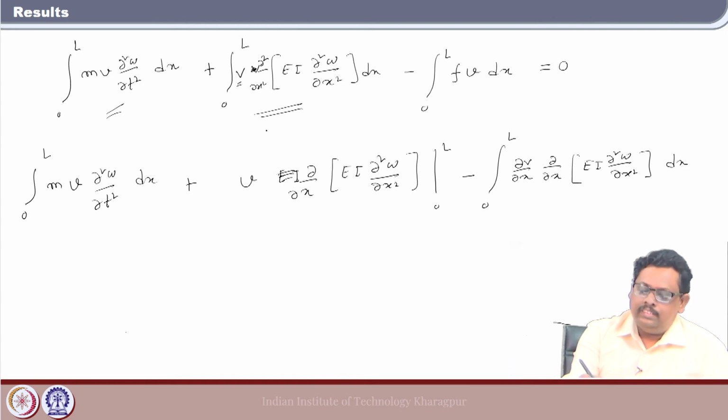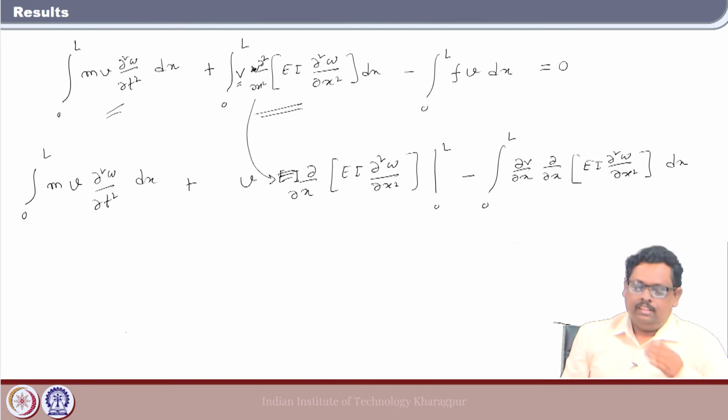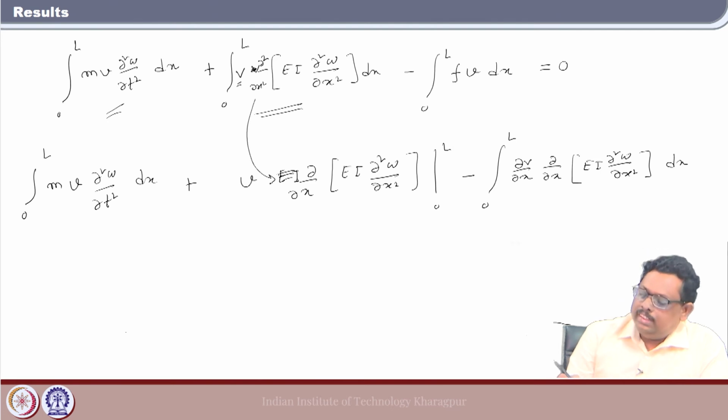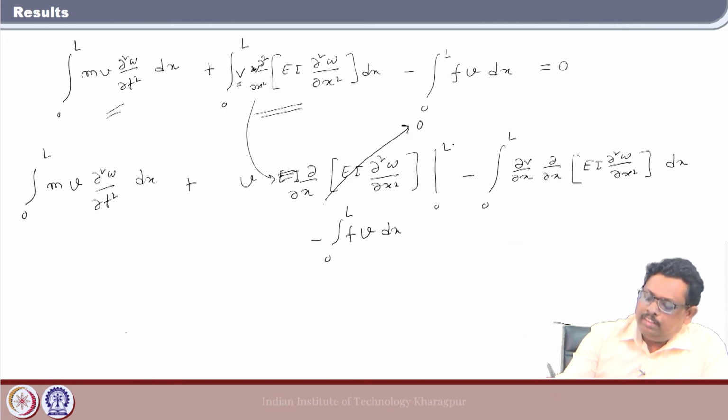Now, why is it so? Because you see it is integration. So, it is ∂²/∂x². That is why it becomes ∂/∂x, right, because of the integration, and then minus, it is 0 to L f V dx. Now, if you apply the boundary condition, the shear force, so ∂²/∂x² is 0 at both the end L as well as 0.